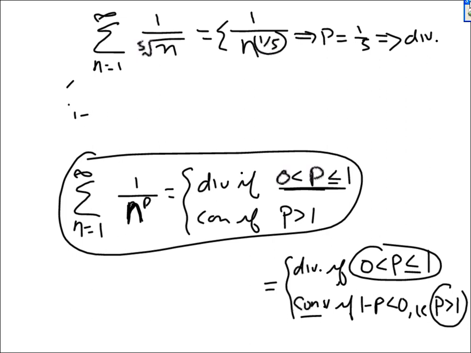Okay. What if you have a problem that looks like this? 1 plus 1 over square root of 2 plus 1 over square root of 3 plus 1 over square root of 4, etc. Remember, the first one is 1 over square root of 1.